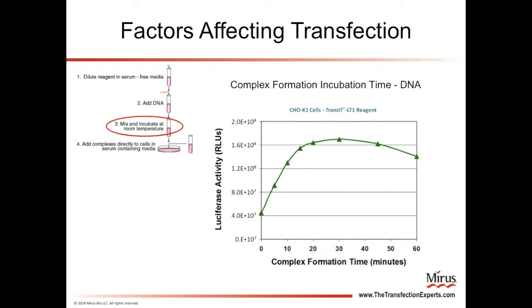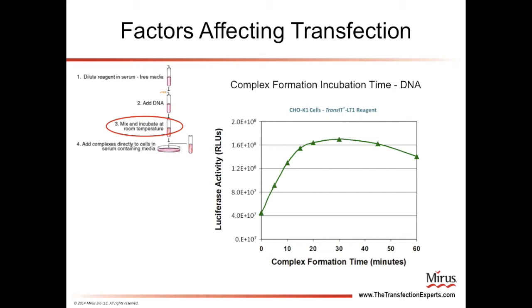The amount of time that you allow the complexes to form is also highly important. Most of our transfection protocols call for an incubation time of 15 to 30 minutes. During this time, the reagent is coating and condensing the nucleic acid, and the particles are growing in size. Here's an example of complex formation time compared to luciferase activity in CHO-K1 cells.